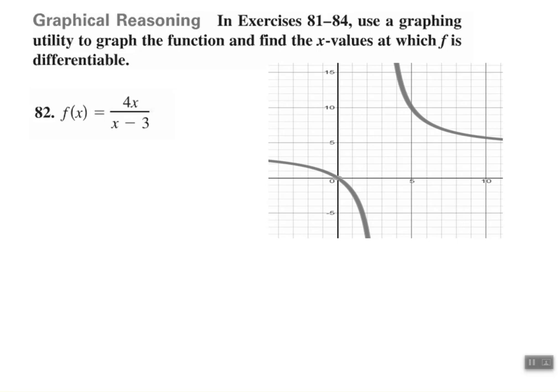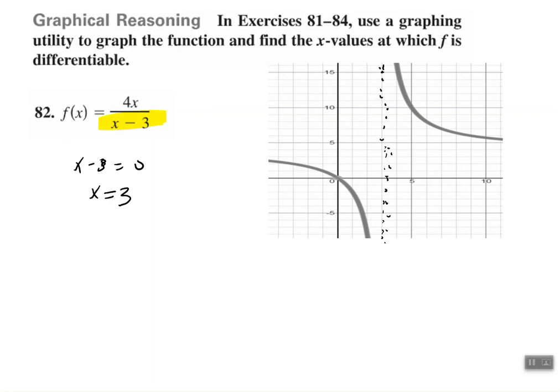So let's find where it's not continuous by finding our domain, and we look at our denominator to help us. We have x minus 3. So if we set x minus 3 equal to 0, we get a vertical asymptote at x equals 3. So looks like right about here we have a vertical asymptote.